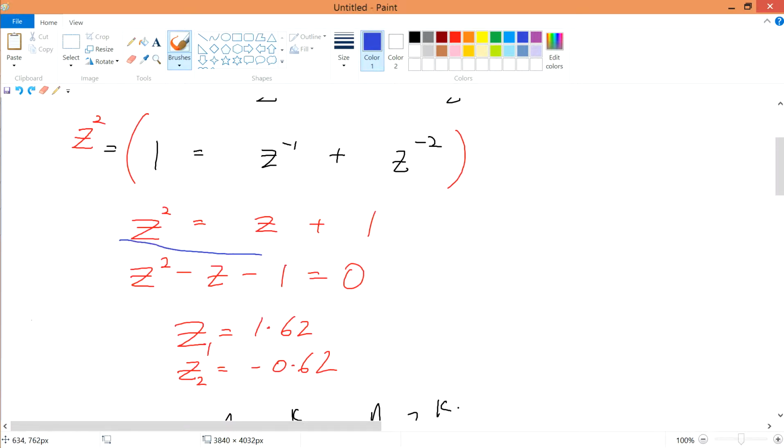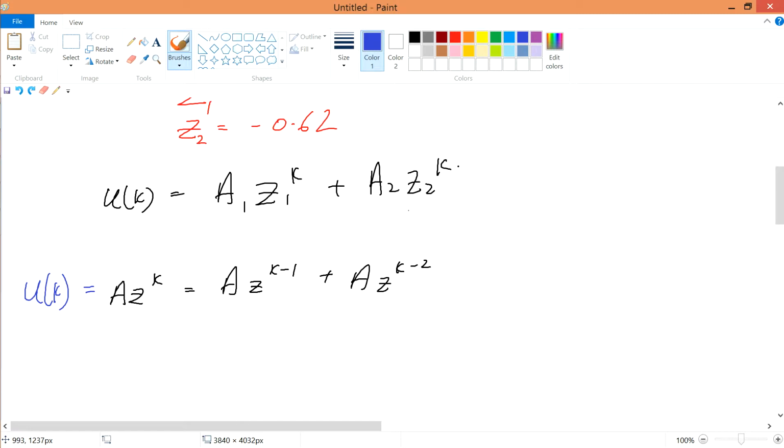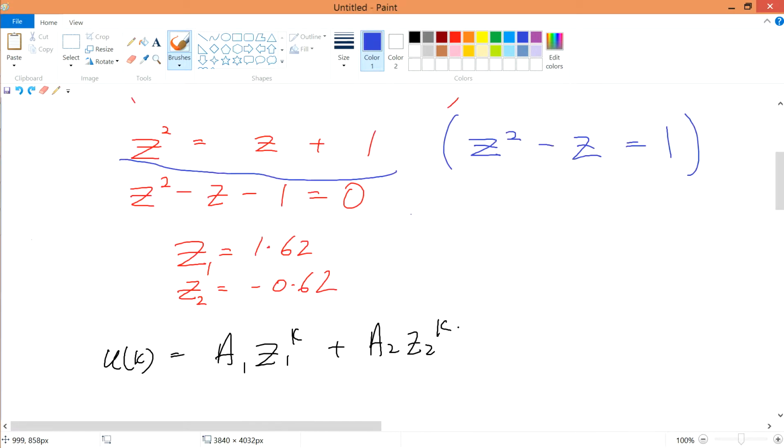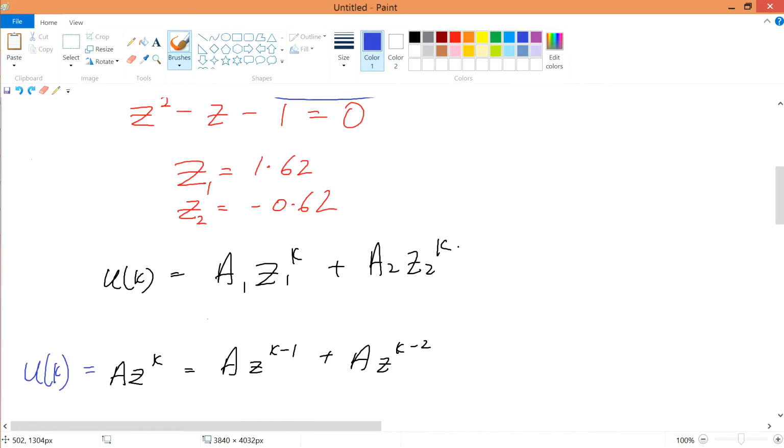Maybe I should stop over here, and then I should bring the z squared minus z equals to 1. So I'm just simply taking z over to the side only. I just want to show you a certain cheat code so that you can understand what it's trying to mean over here. Why can we straight away use this formula?